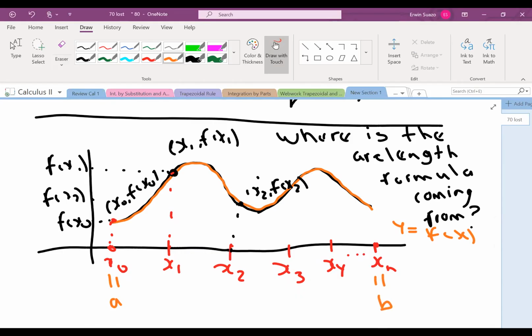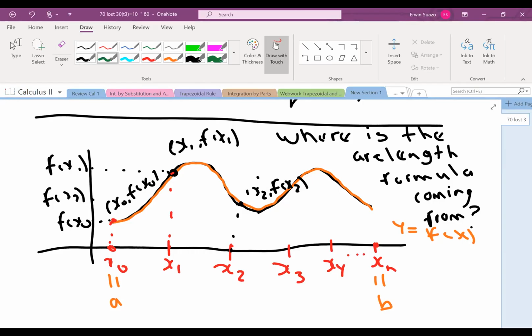So what we do is pretty much as we do with the left Riemann sum or the right Riemann sum, the approximation. So we want to approach the length.